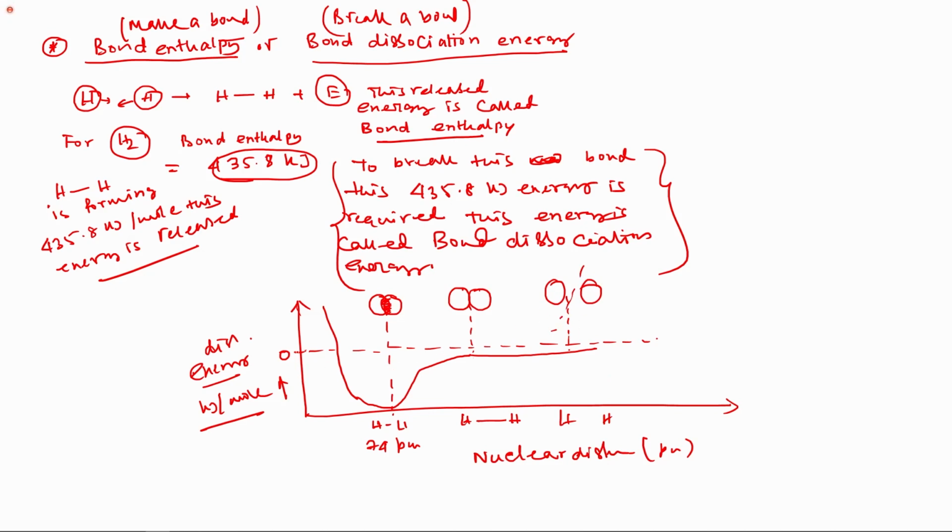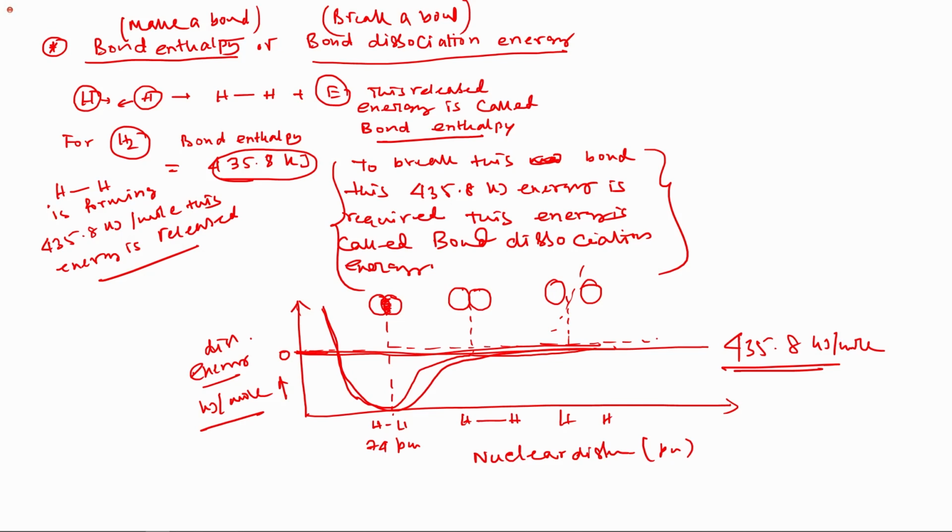The energy for that is 435.8 kilojoule per mole. So this is the curve. In that way, any atom bond is dissociated.